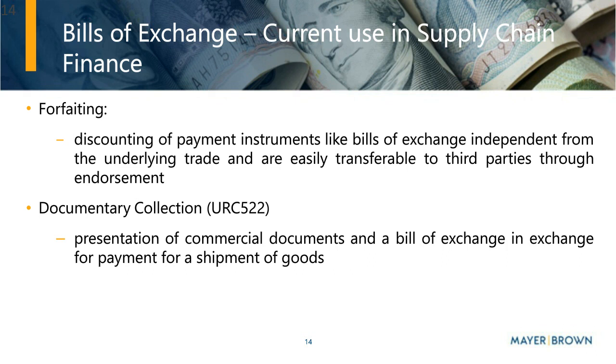The other set of rules relevant to bills of exchange are the Uniform Rules of Collection, or URC 522. In current times, the banks sometimes offer a seller-led receivables purchase only after they have handled documents under URC 522 to, amongst other things, mitigate the risk of fraud.